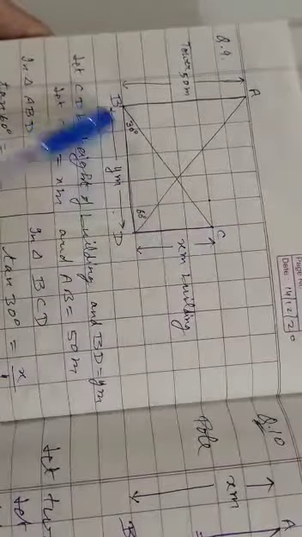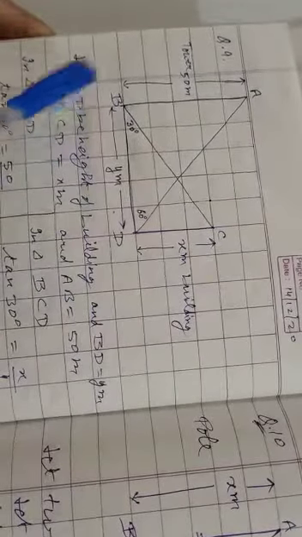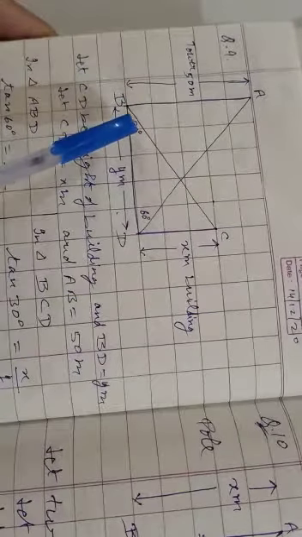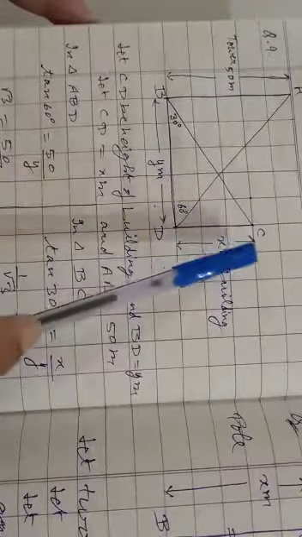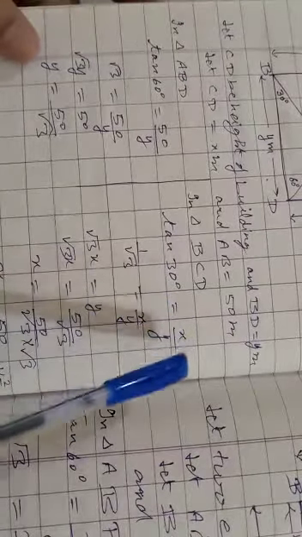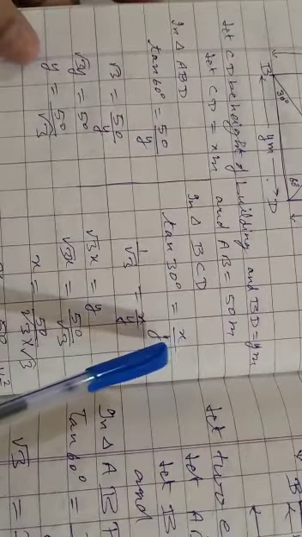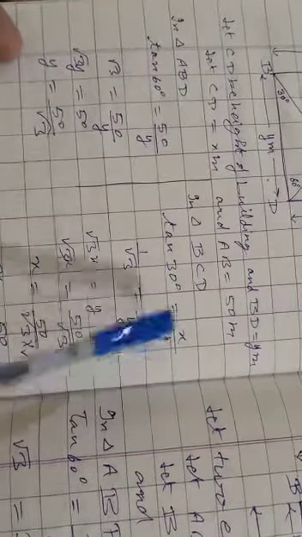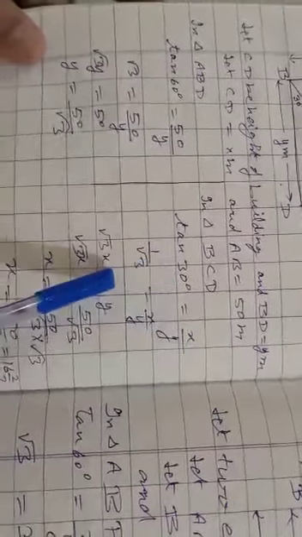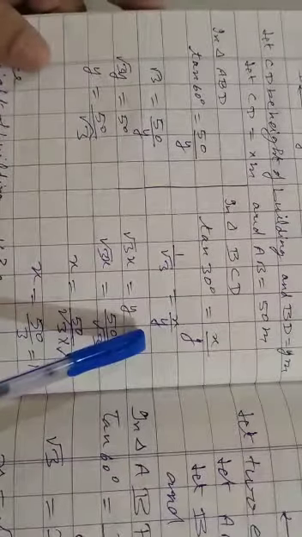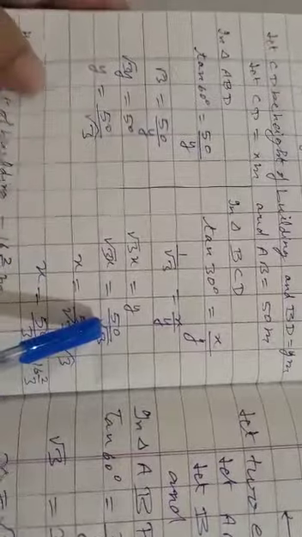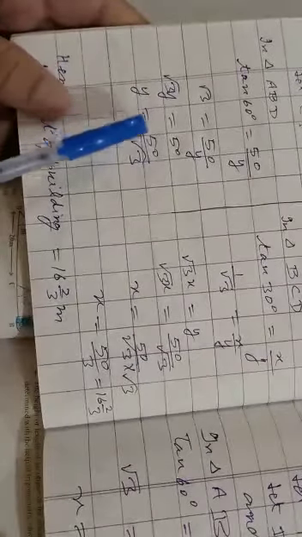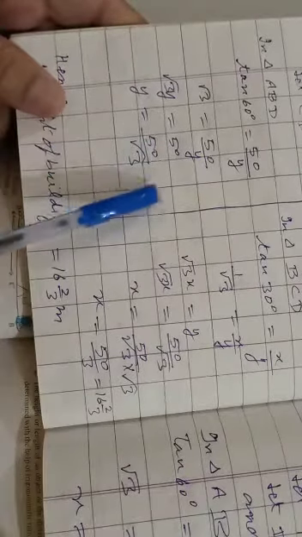Now in triangle BCD, tan 30 degree equals perpendicular upon base. Perpendicular x, base y, x upon y. Tan 30 degree equals 1 upon root 3 equals x upon y. Now cross multiply: root 3 x equals y. Now the value of y is 50 upon root 3.